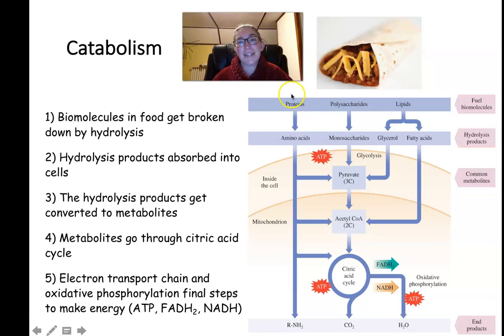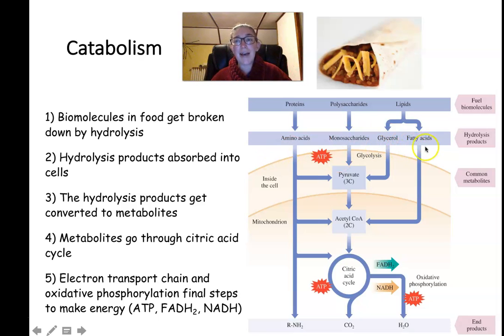So all the proteins and the starch and the lipids in those foods will get broken down into their building block components. So proteins get broken down into amino acids, polysaccharides or carbohydrates get broken down into monosaccharides, and lipids get broken down into glycerol and free fatty acids.